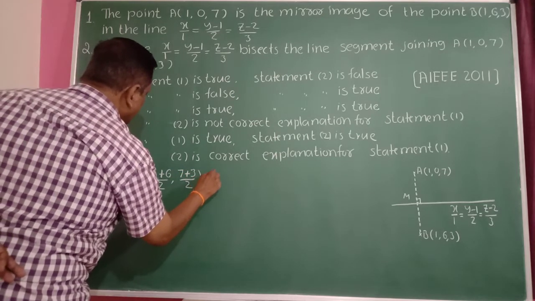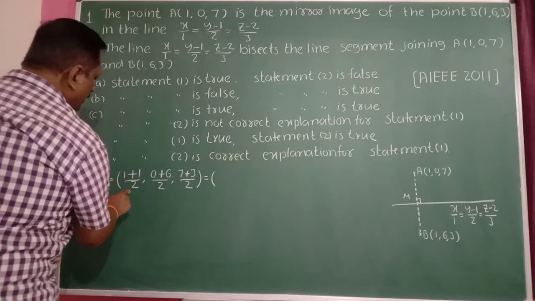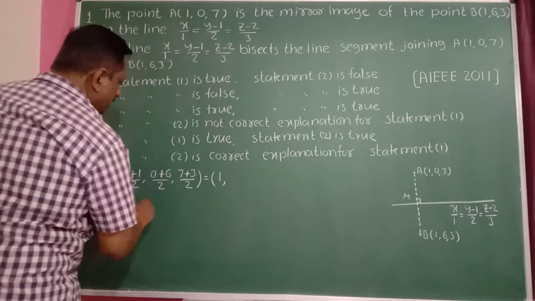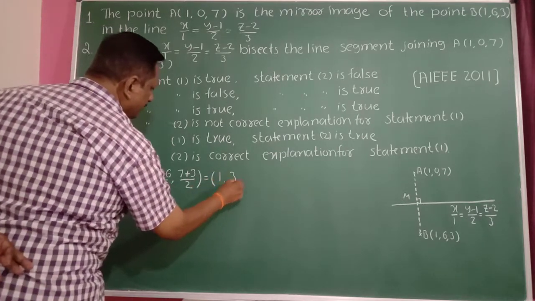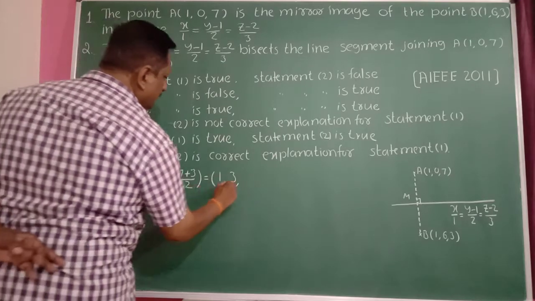That is equal to 1, 2 upon 2 becomes 1, 6 upon 2 becomes 3, and 10 upon 2 becomes 5.